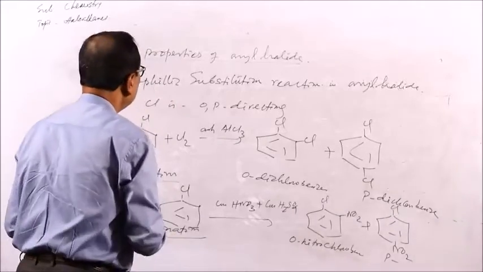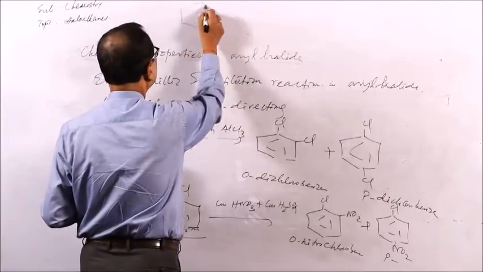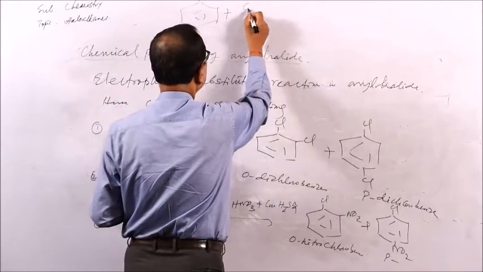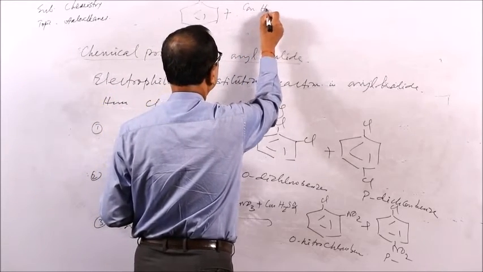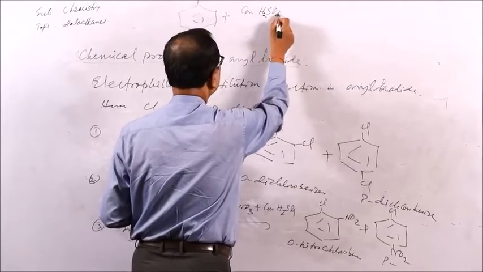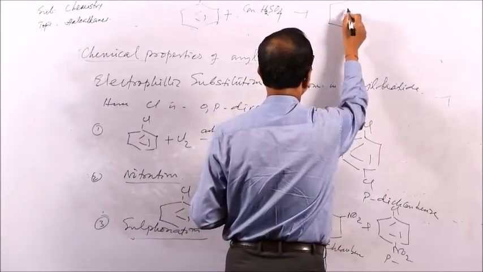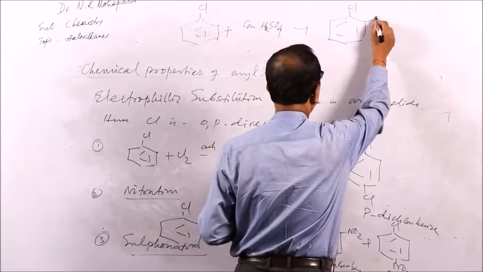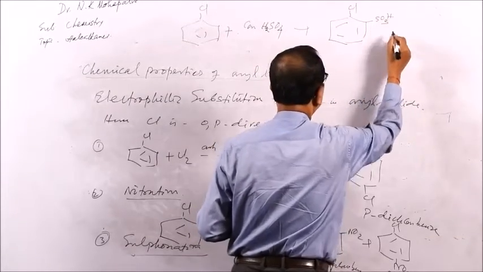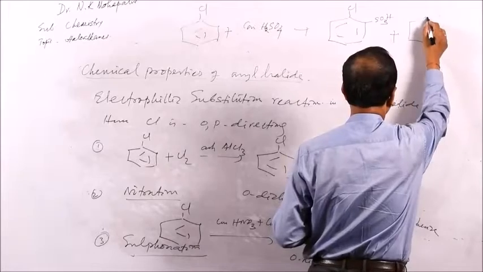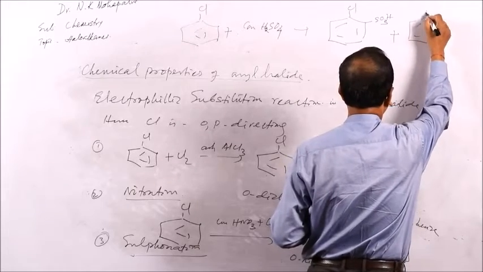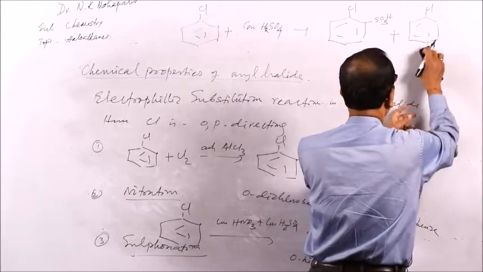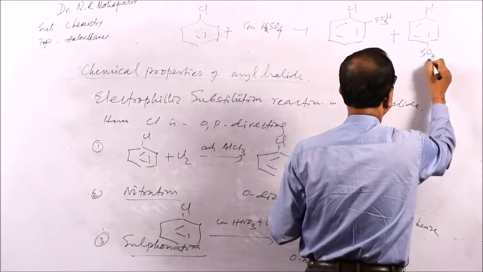That is, when chlorobenzene is treated with concentrated sulfuric acid, the product formed will be ortho plus para SO3H.